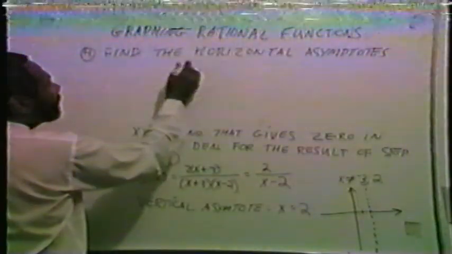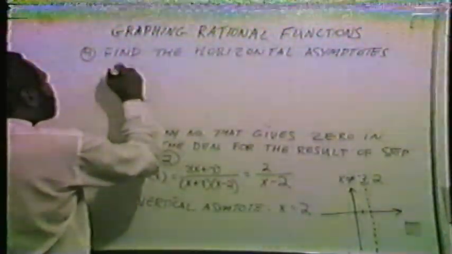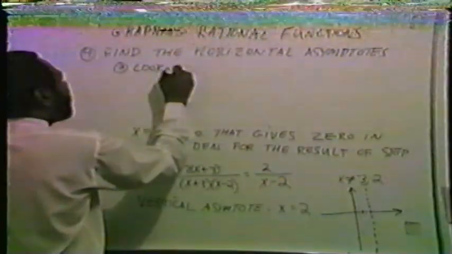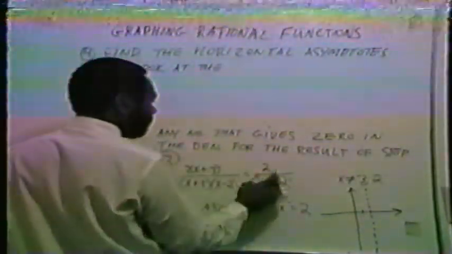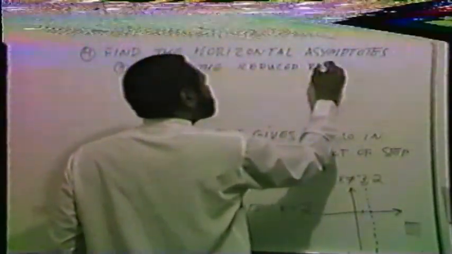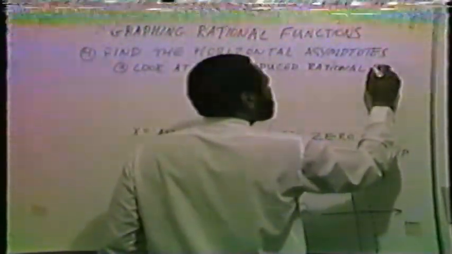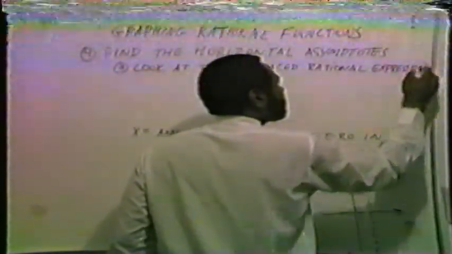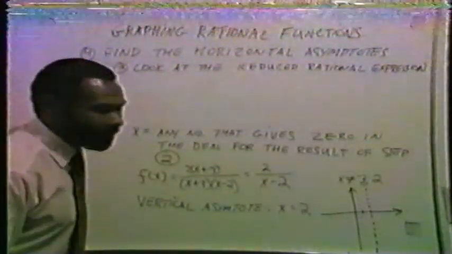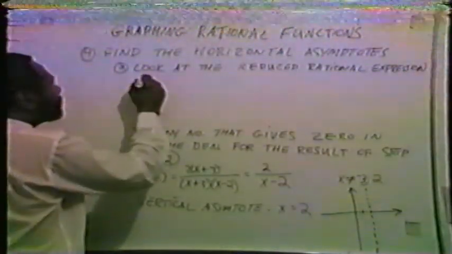To find the horizontal asymptotes, we'll say A, look at the reduced rational expression.